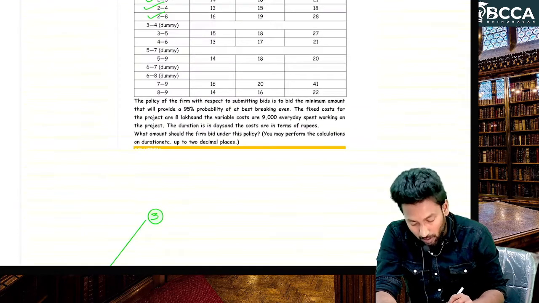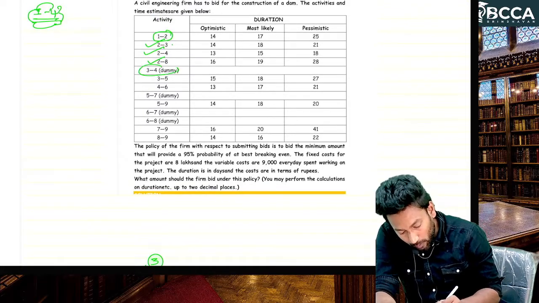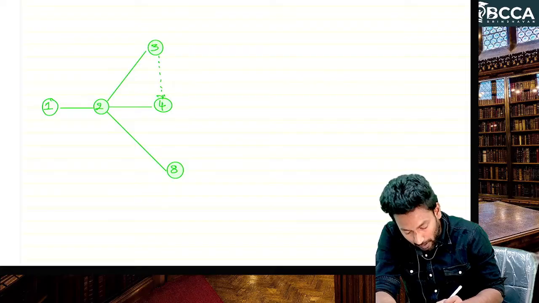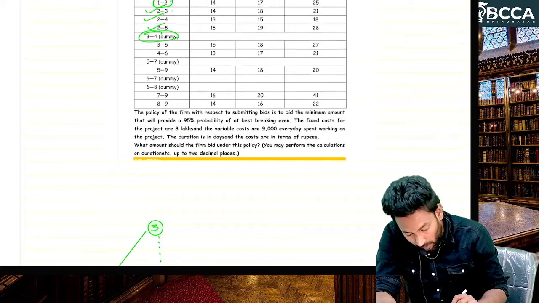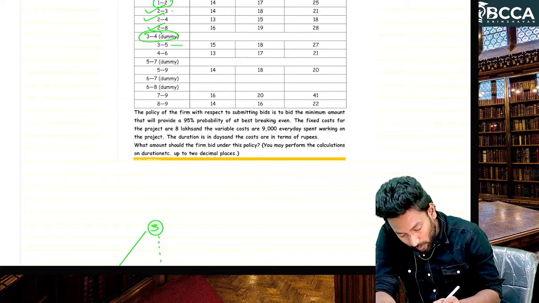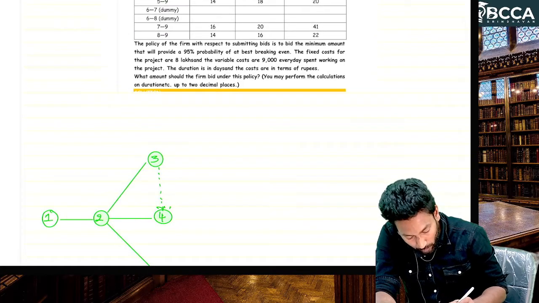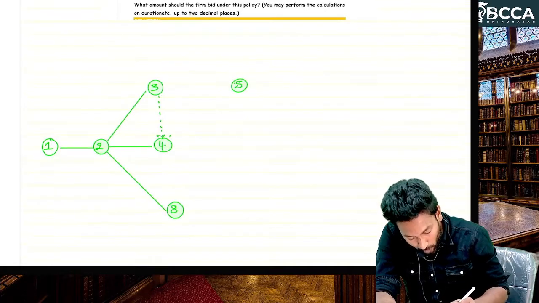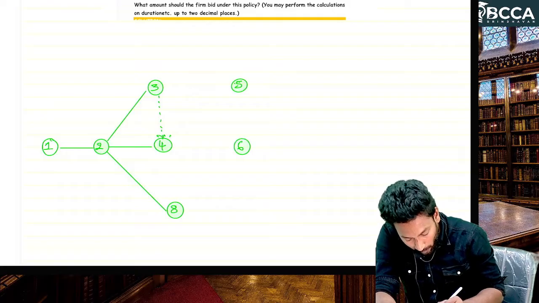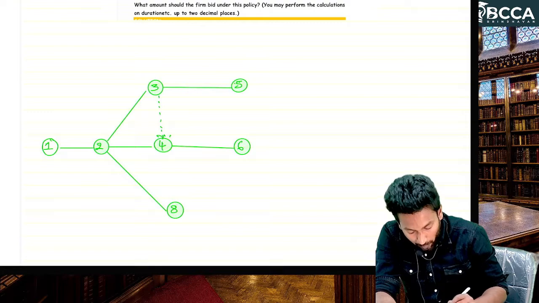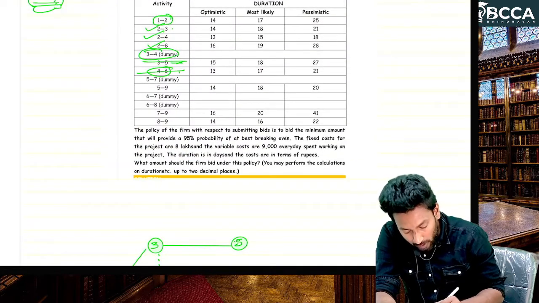Now 3 to 4 is a dummy, so draw a dummy activity from 3 to 4. Next, 3 to 5 and 4 to 6. I have drawn these two activities.